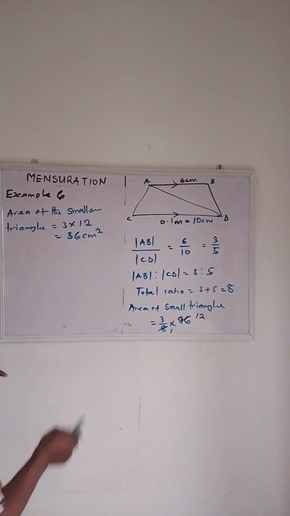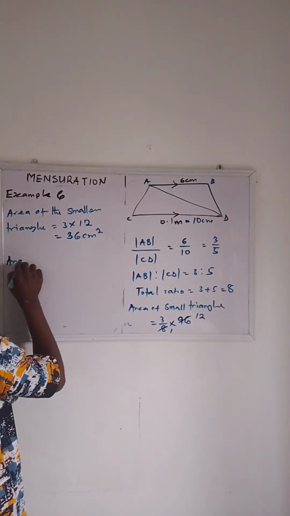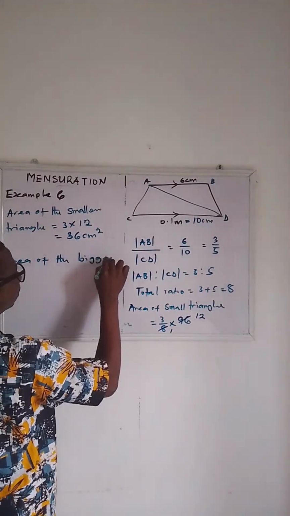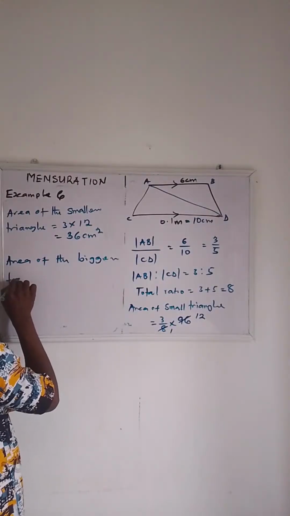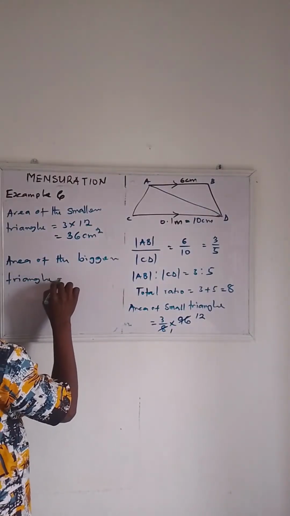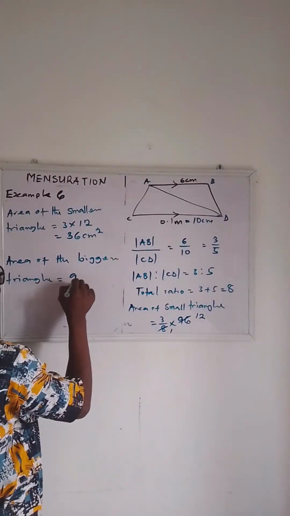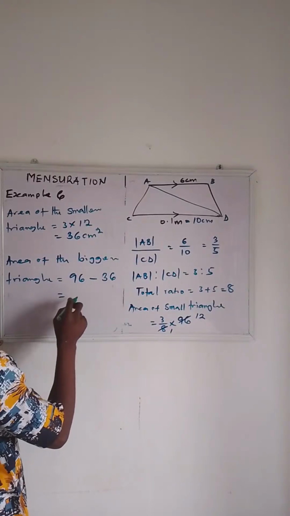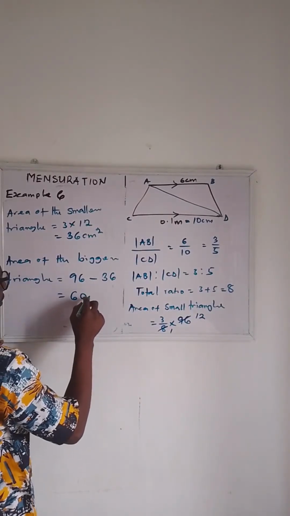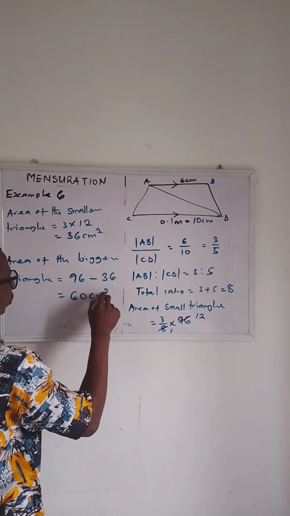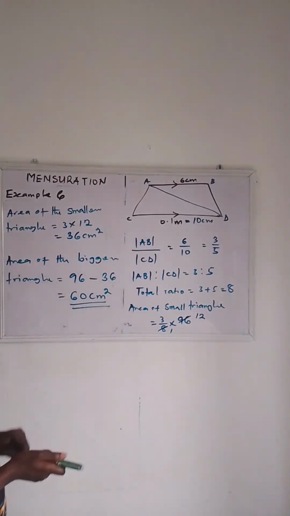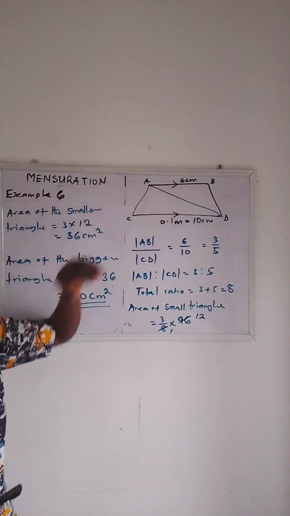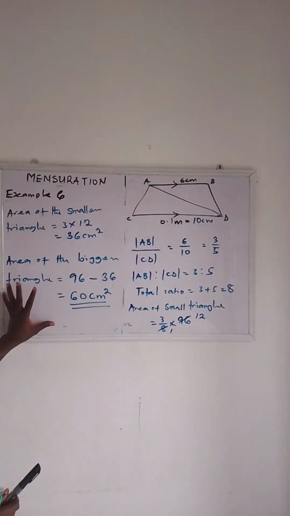So the area of the bigger triangle is 96 minus 36, which gives us 60 centimeter square. So this is what you are expected to do. We have the first area and the second area. I want to believe you all understand this.